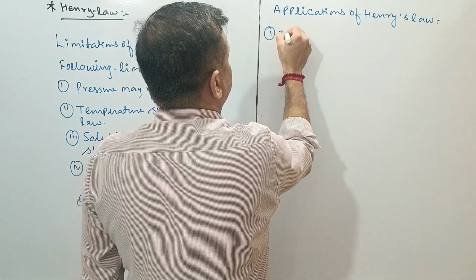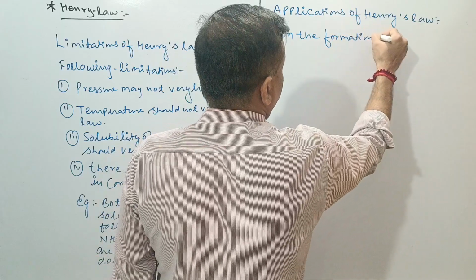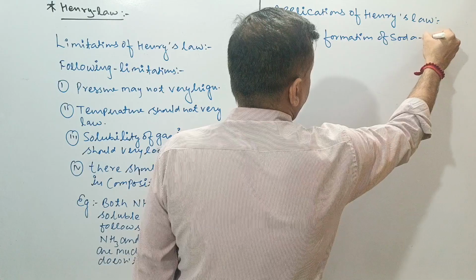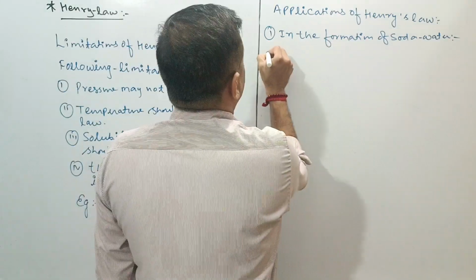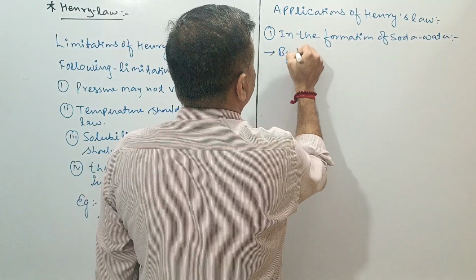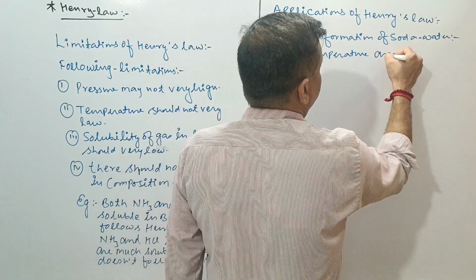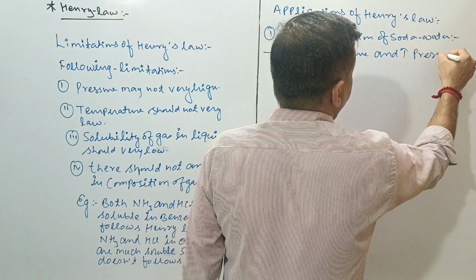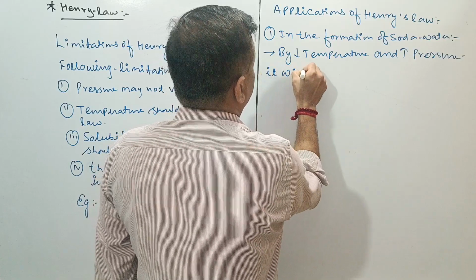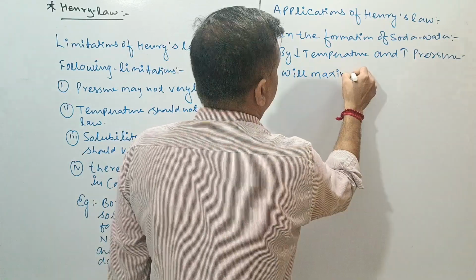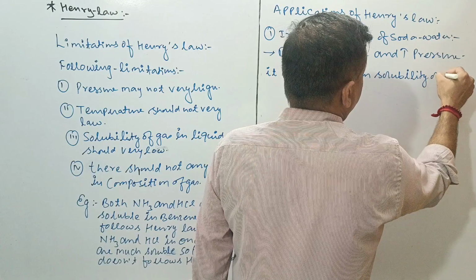First, in the formation of soda water. सोडा वाटर फॉर्मेशन के लिए पर्टिकुलर by lowering या by decreasing temperature and increasing pressure, it will maximize the solubility of CO2 gas.